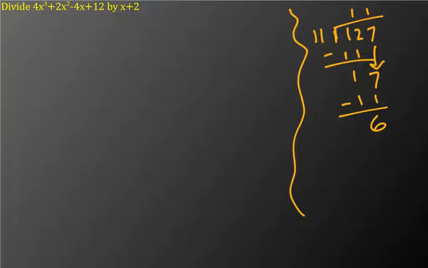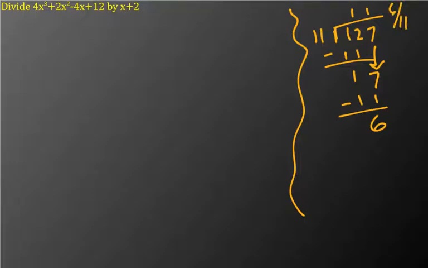One of the things I hate from elementary school is students write this R6 thing. You should not write R6. You need to write what it actually is. This remainder is related to this number, and the way it's related is 6/11ths are left over.